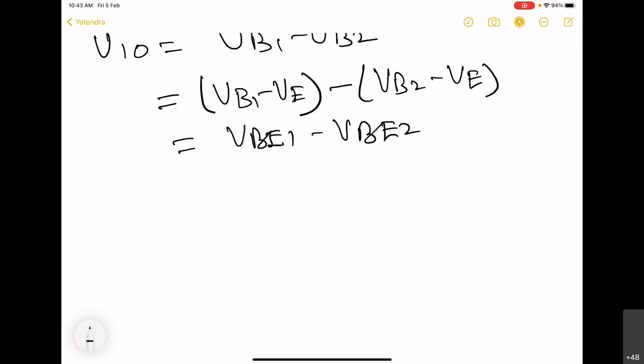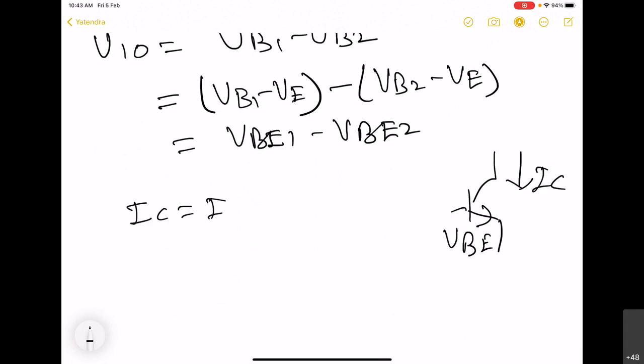And we know that for a BJT, this collector current IC and base to emitter voltage are related as IC is equal to IS e raised to the power VBE divided by VT. So here the transistor will be characterized by this VT and IS.